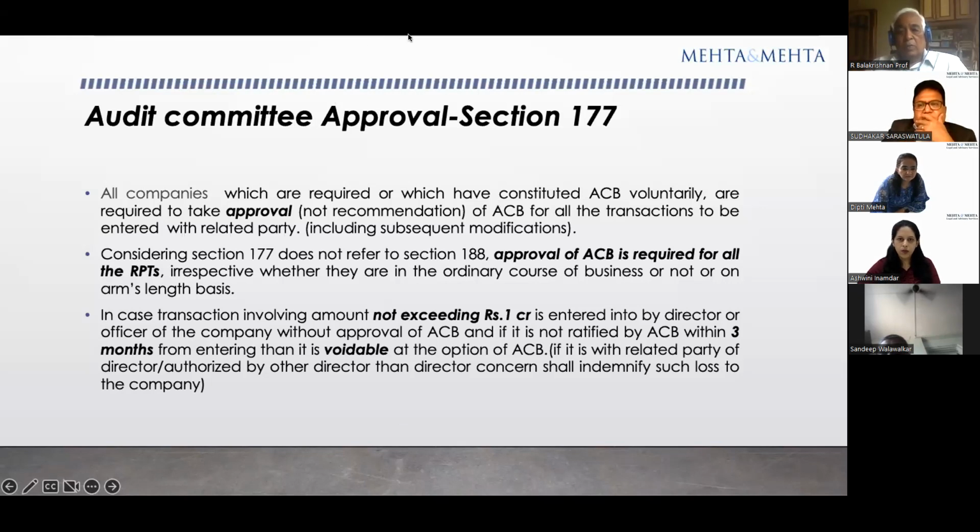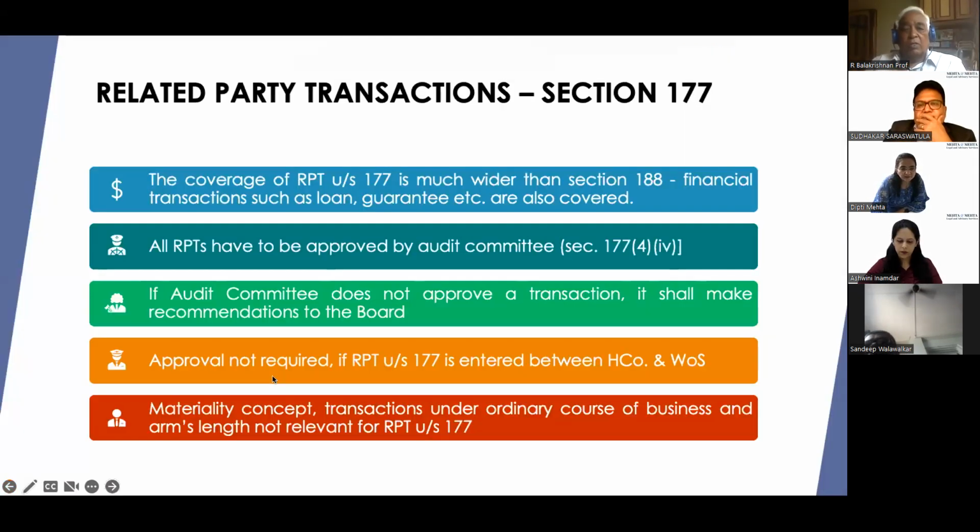I'm not able to see that question. In the chat box, it is there. The question is, in an earlier slide, it is mentioned by you that if the audit committee does not approve, it will make a recommendation. Yes, yes.